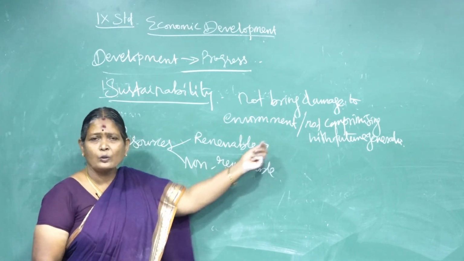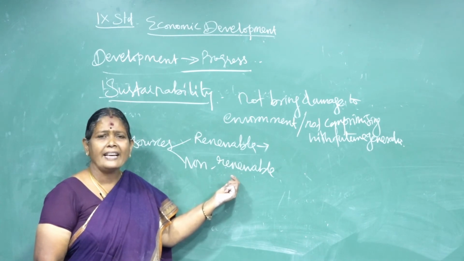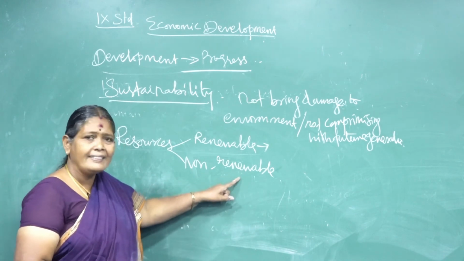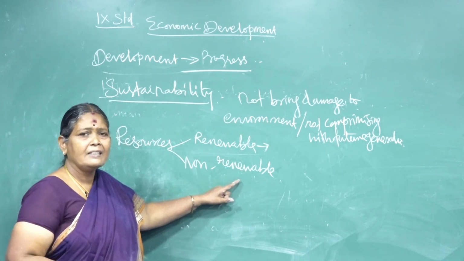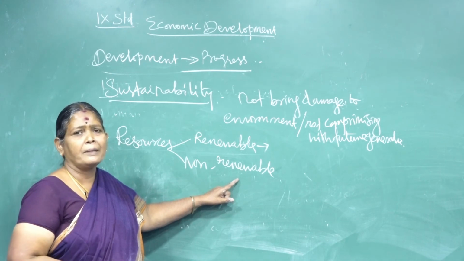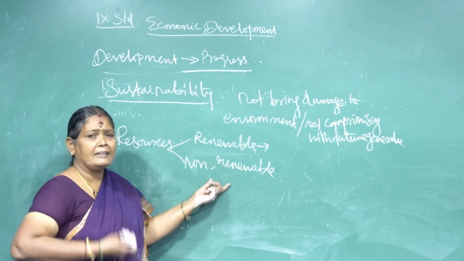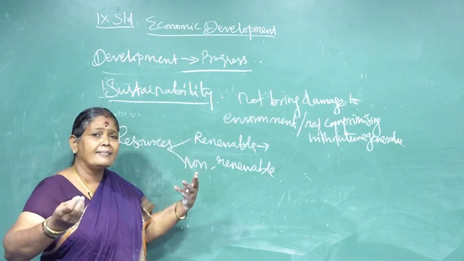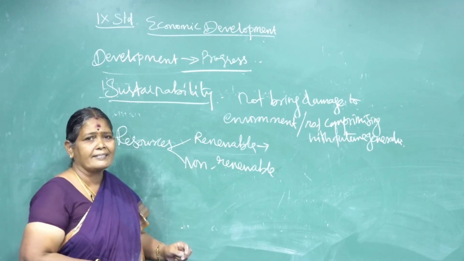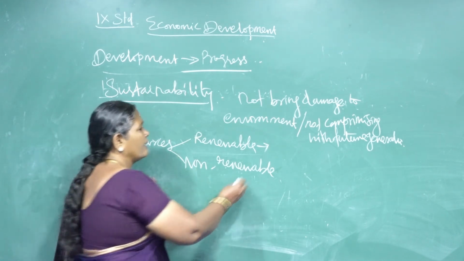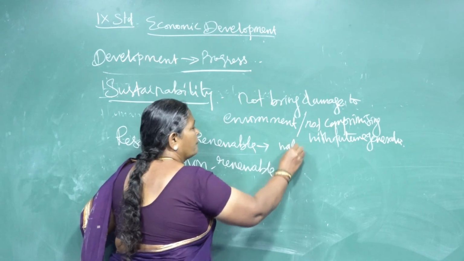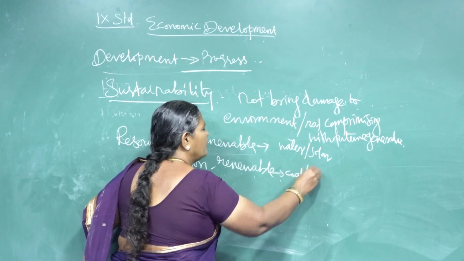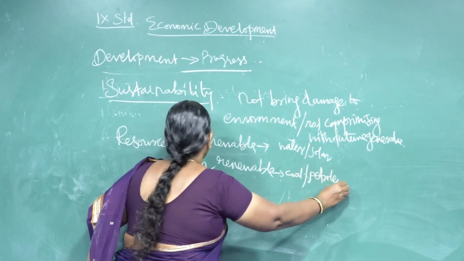Even forests can be taken. Non-renewable resources are coal, petroleum, minerals. Once they are reduced or extinct, we cannot get them back because their production, reproduction and replenishment take a long time, definitely millions of years. So water and solar are examples of renewable, and coal and petroleum of non-renewable. You can list many more.